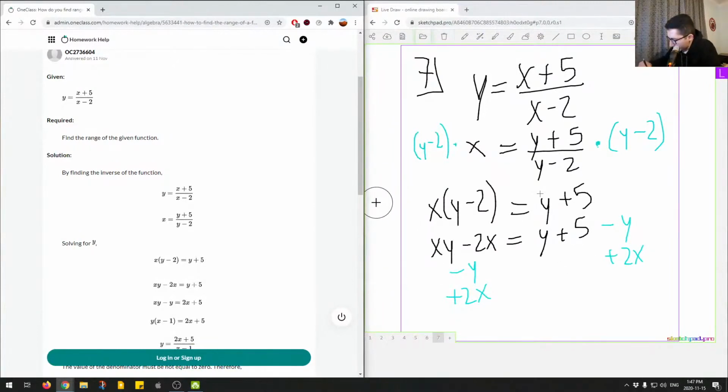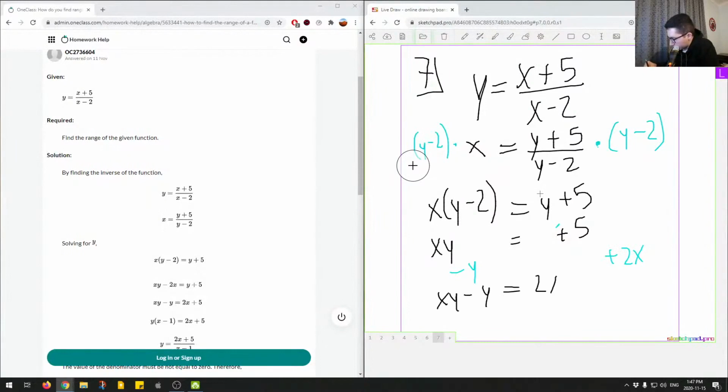So right away we can cancel the 2x's, and we can cancel the y and the negative y. And we're left with xy minus y equals 2x plus 5.